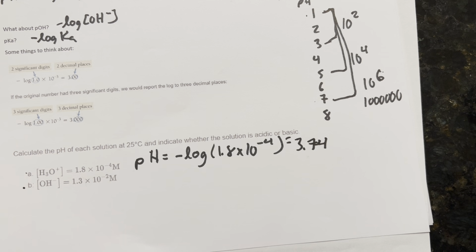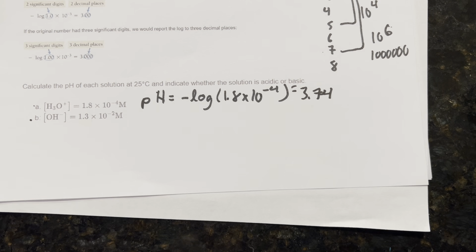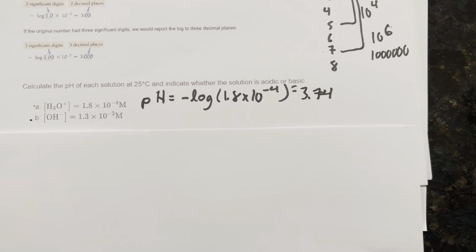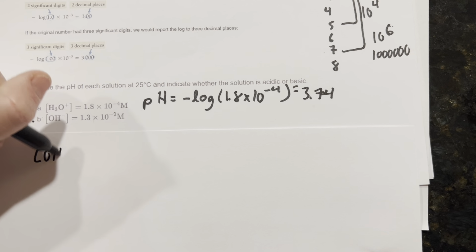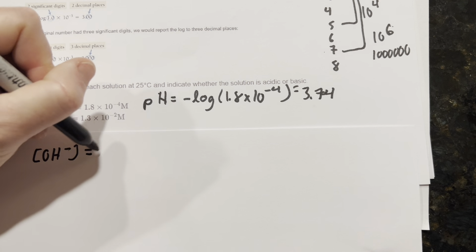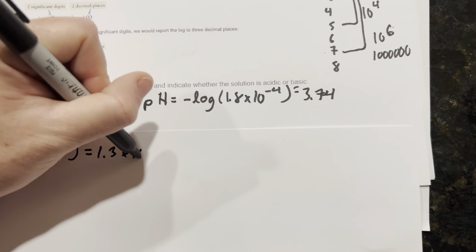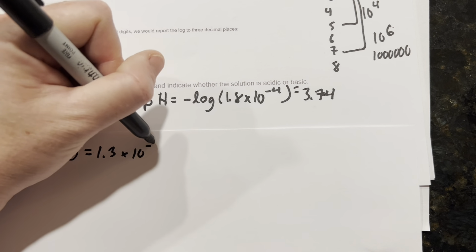Let's move on to this next one. There are actually 2 different ways to solve this one. And we know them both now already. Okay, so we have our OH minus is equal to 1.3 times 10 to the negative 2.